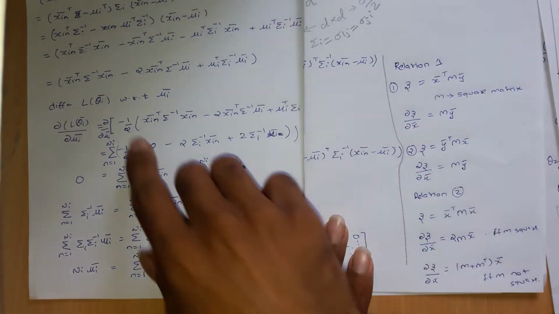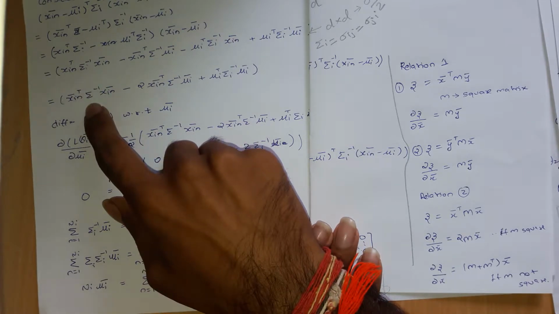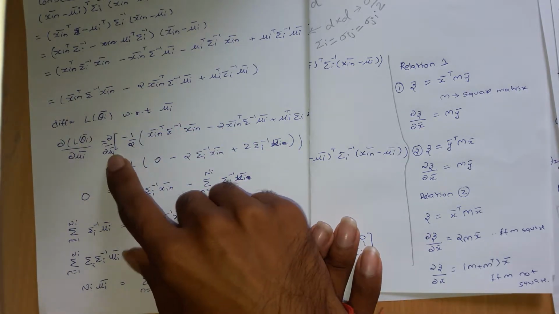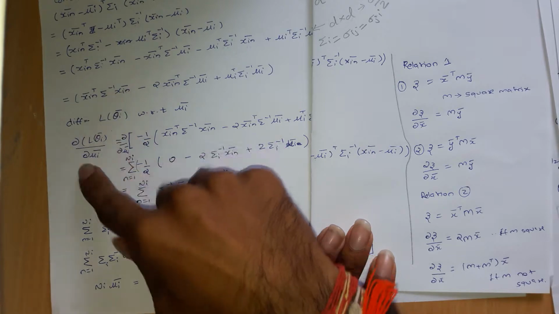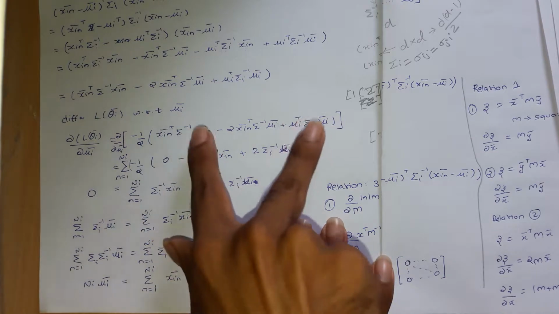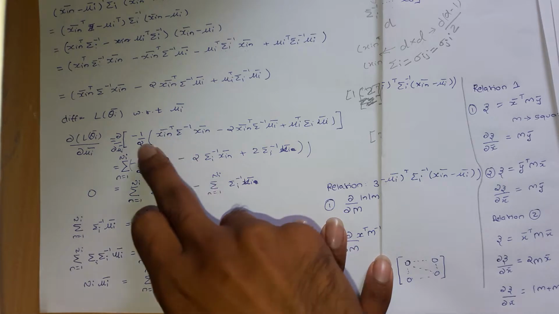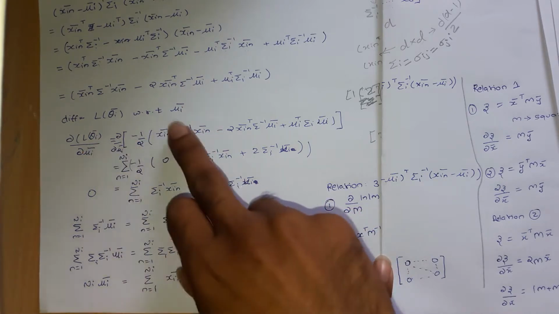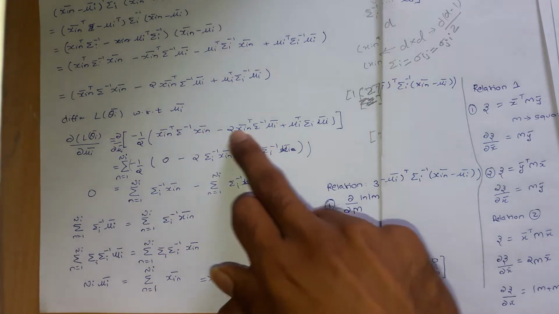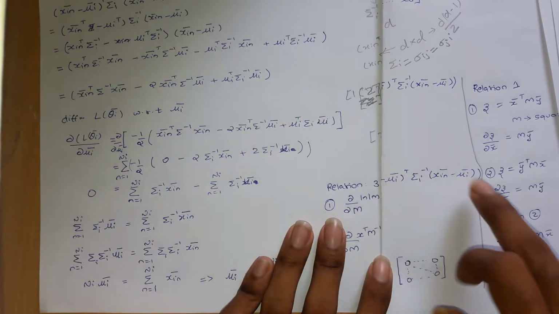If you see x_n transpose sigma inverse x_n, this does not have any part of mu_i. Remember, we are differentiating with respect to mu_i, so we just have to differentiate this, because everything else is a constant. When I differentiate this thing with respect to mu, I get a 0, because there is no mu_i term.